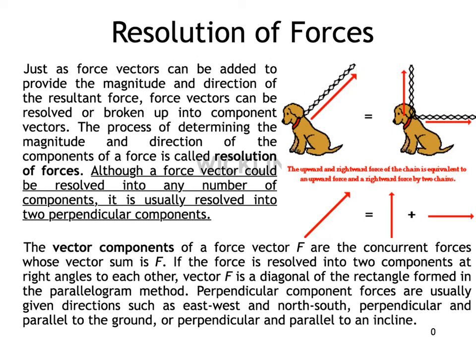This, I guess, would be the same diagram, just divorced of all puppies and leashes and stuff. So I think the main things to write down are that you can take a resultant and split it up into components, that you could really have any number of components, but we typically only do 2, and they're perpendicular.